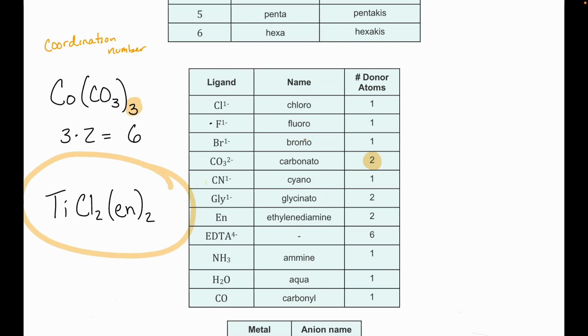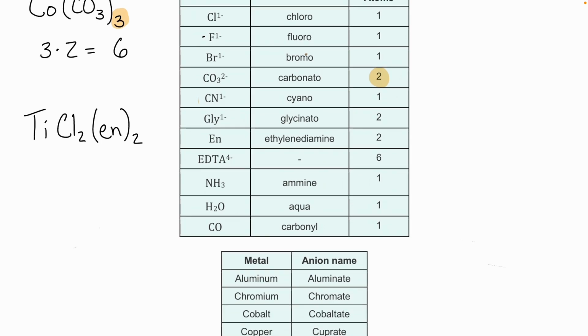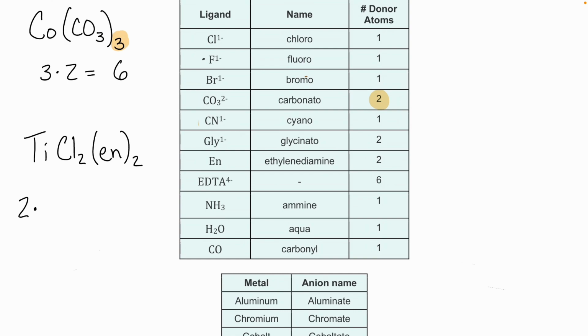What about for this one here? Now I have 2 ligands on there, but it's going to be the same game. I have 2 chlorines. Each one has how many donor sites? Just 1. And then I have this EN thing here. What the heck is that? I just got to be able to use my chart. 2 times the number of donor sites on that ligand, which is 2.